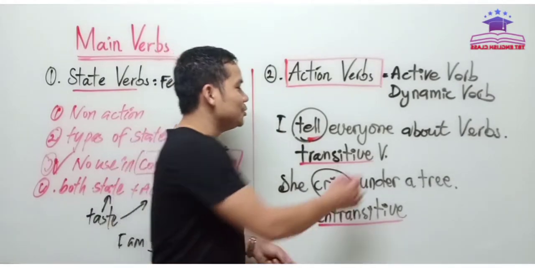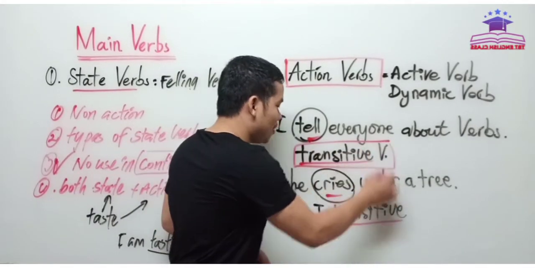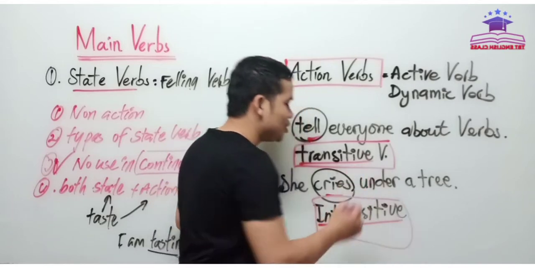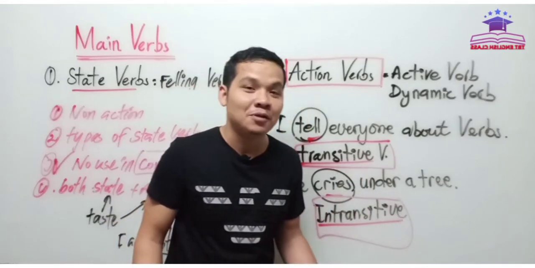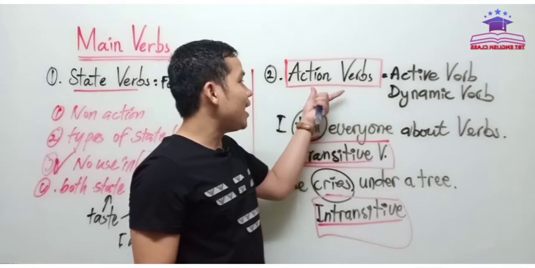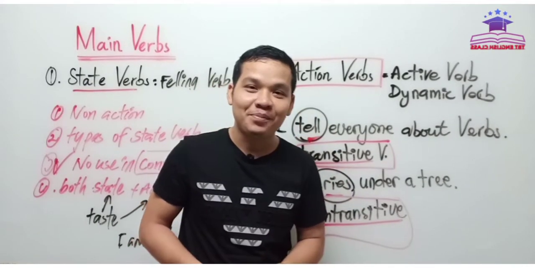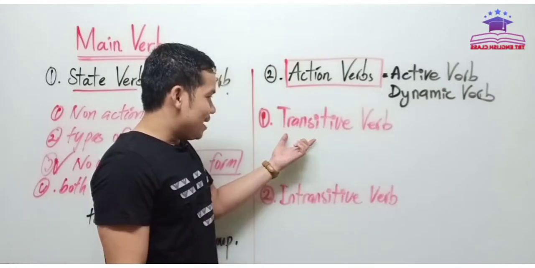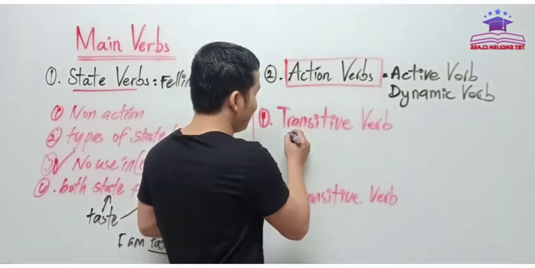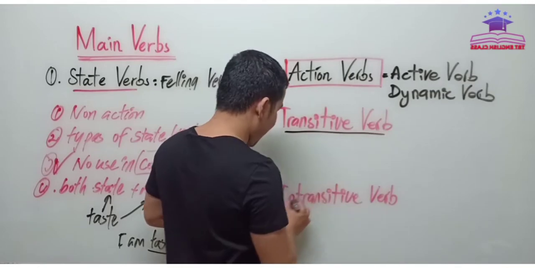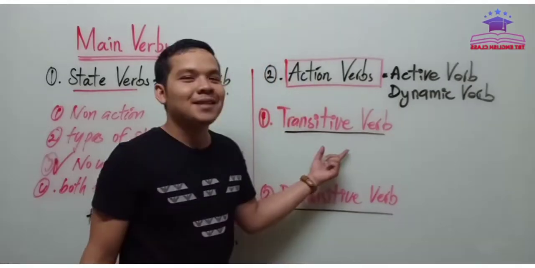So I just want to let everyone learn about two of them. What is transitive verb and what is intransitive verb in English, that we call action verb, and we divide into transitive verb and intransitive verb. Let us see. We divide the type of verb into two parts that we call transitive verb and intransitive verb. So what is transitive verb?